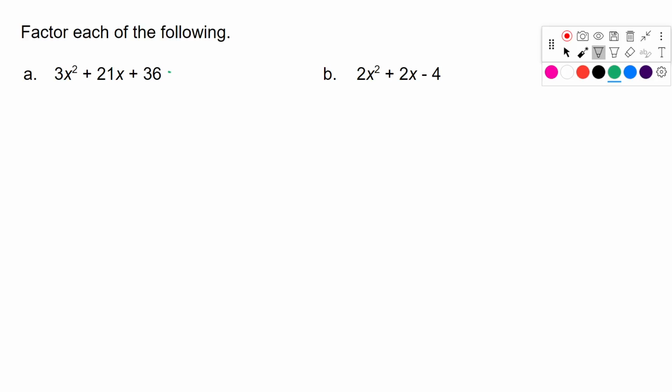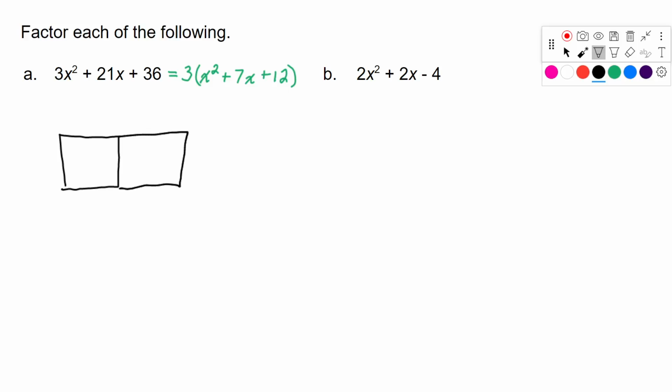That's 3. So if I write this with what we call the common factor factored out, which is 3, each block will have x squared. 21 divided by 3 is 7x for each block, and 36 divided by 3 is 12 for each block. So when I go to factor, I'm going to have my 3 blocks, and I'm going to attach them.